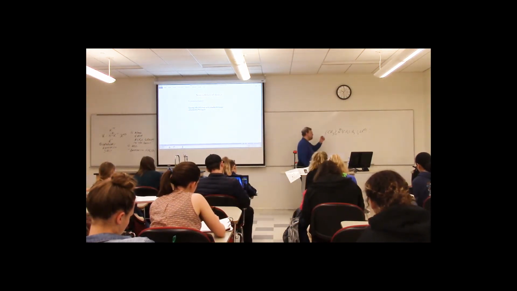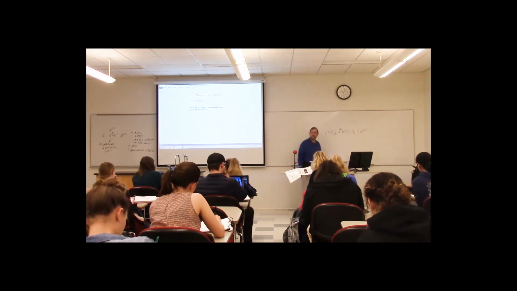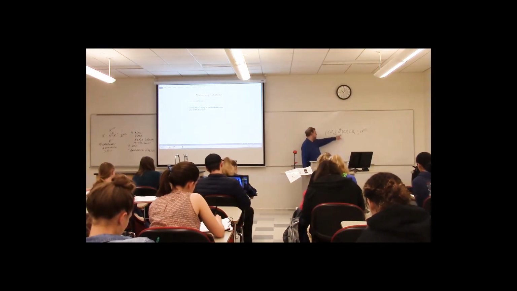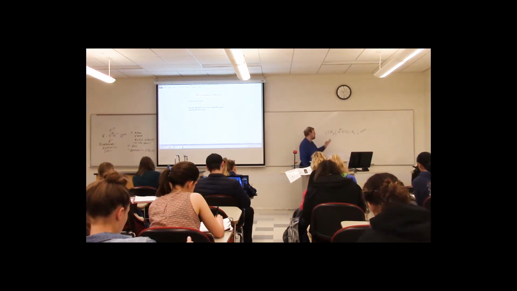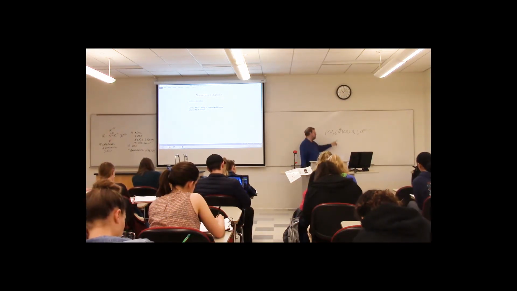And if we look at this, what's different? What's not carbon? What's not hydrogen? Ooh, nitrogen. And notice there are 4 groups on there. Notice 2 methyls and 2 ethyls.